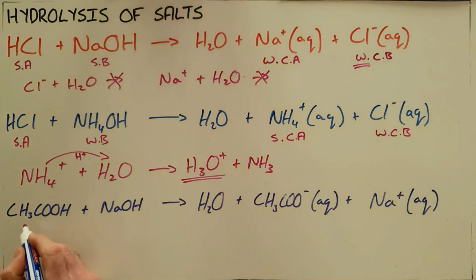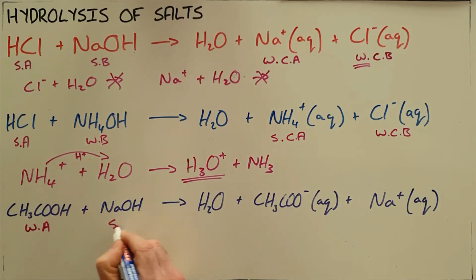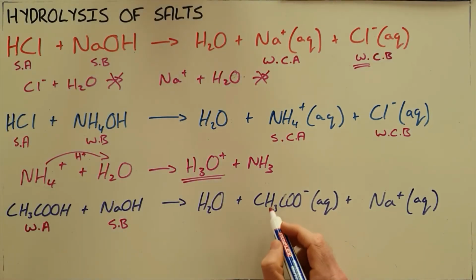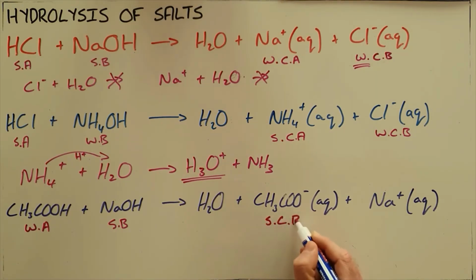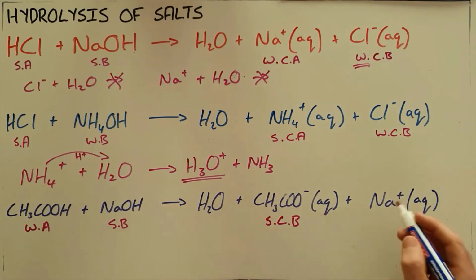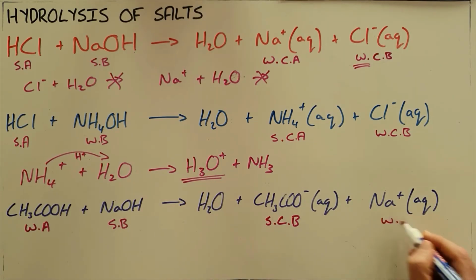And then finally, if we have a weak acid, this is ethanoic acid, and react that with a strong base, sodium hydroxide, once again we form water. The conjugate base for this weak acid would be a strong conjugate base, and the conjugate acid for sodium hydroxide would once again be a weak conjugate acid.